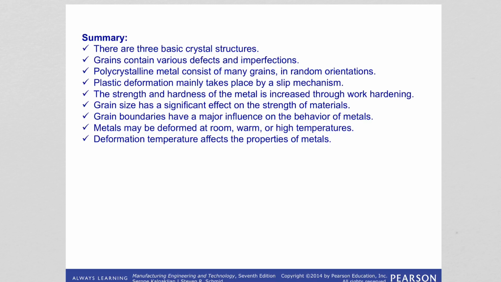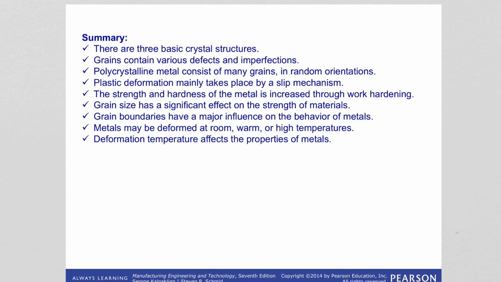And we have learned that when we work on the material, change its shape at room temperature, its strength and hardness increased, its ductility is decreased. And we have learned the grain size has a significant effect. When it's reduced, the strength is increasing. And grain boundaries can also be responsible for creep, the form of plastic deformation at elevated temperatures.